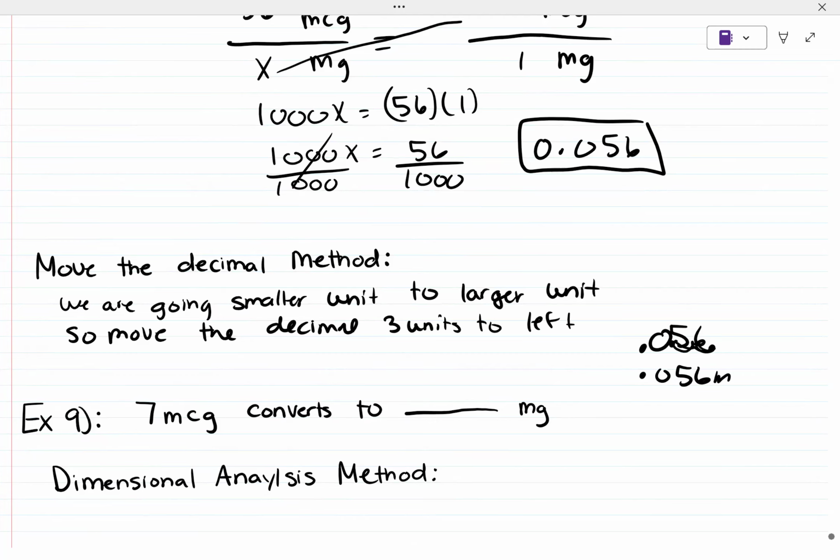Oh, did I make a mistake? Yes, I did. I have to include this leading zero, so you have to add this extra zero, right? So it would be wrong if you just put .056. You must include this leading zero right here.